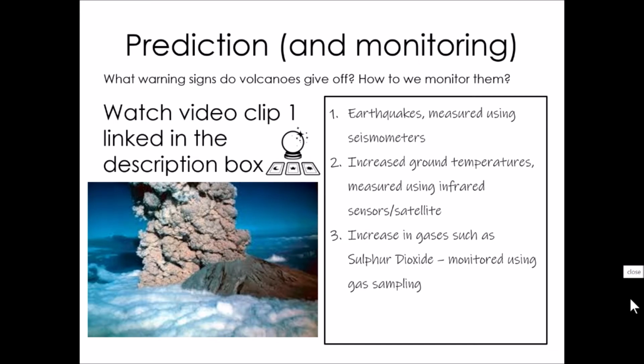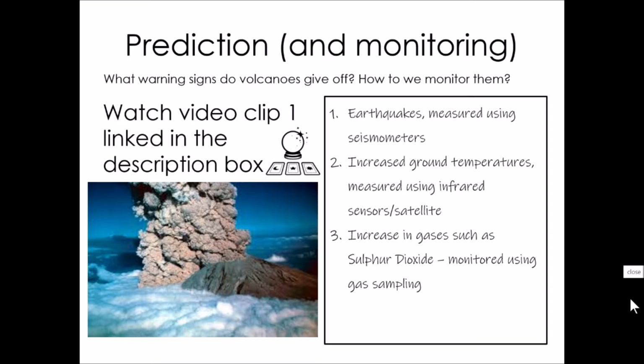The third thing is increases in gas emissions. When a volcano erupts, due to the fact there is magma escaping, along with that magma, you will get lots of different gases. And the one that is the most noticeable before an eruption is sulfur dioxide. If anybody knows what sulfur dioxide smells like, you can also sometimes smell it before an eruption does happen because it's got a very potent, eggy smell.